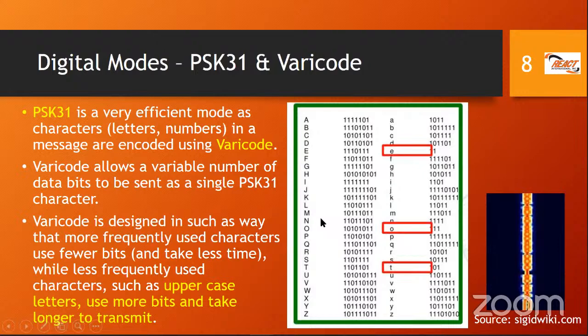And just for your reference, in case anybody wanted to know what are the letters and what are the bits, and convince yourself that lowercase characters use fewer bits, there you go. You have it. And also, we have a little diagram to show what a PSK 31 signal will look like if you're looking at it on the waterfall. And we'll come to what the waterfall is a little later on in the session.